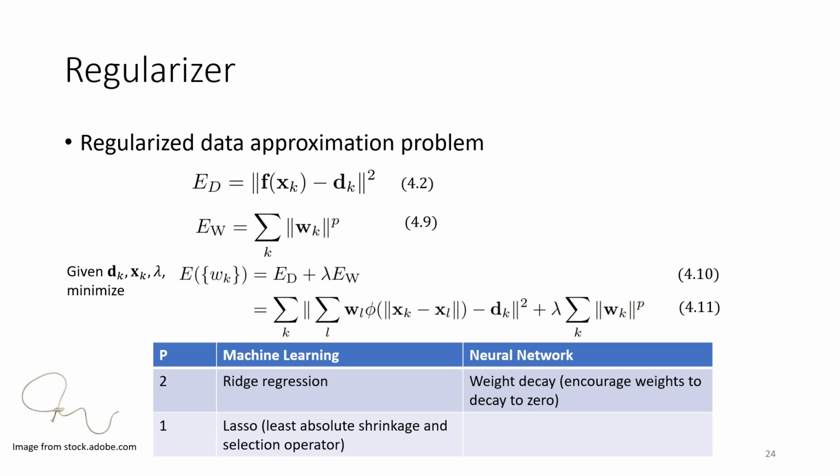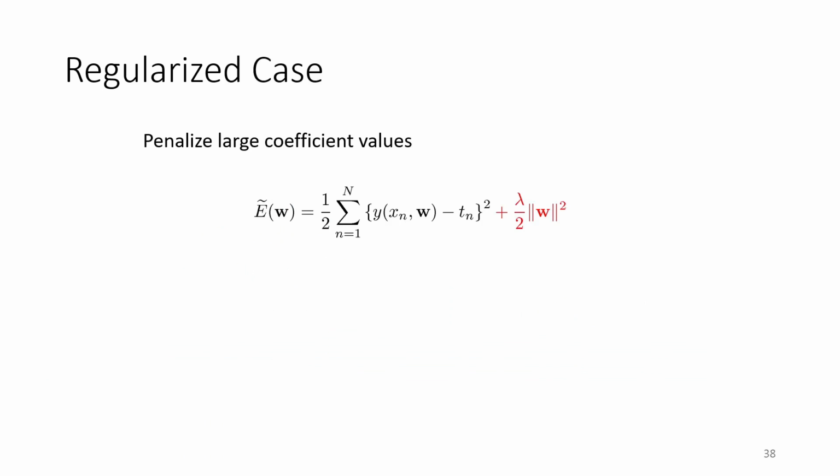Let's go back to here. See, this is equation 4.9 where p is 2. So this is the regularized term. And lambda is a hyperparameter. So let's see different cases.